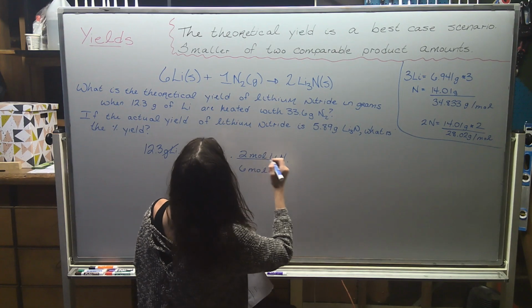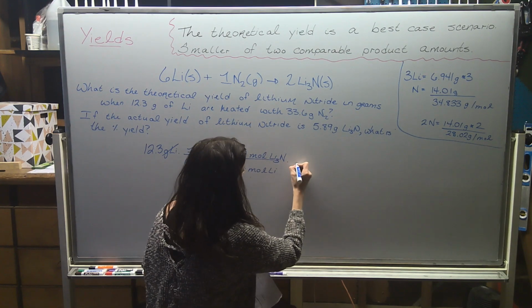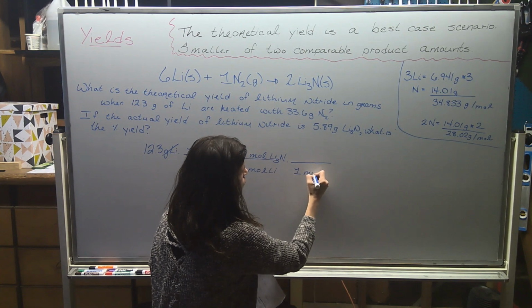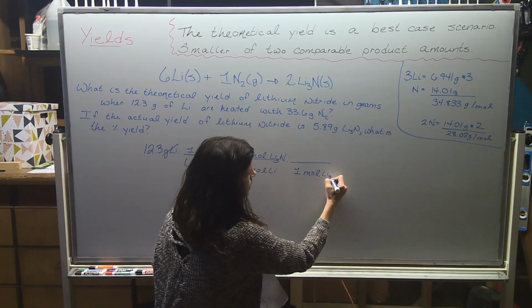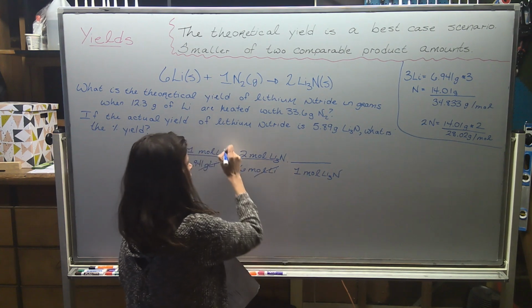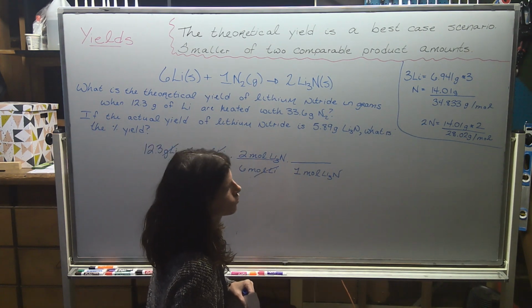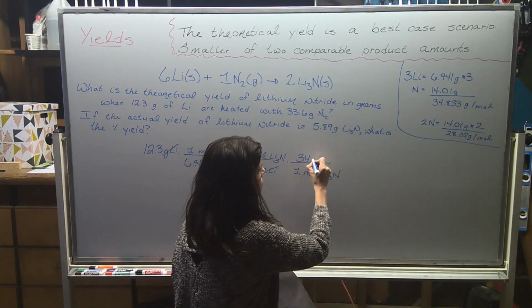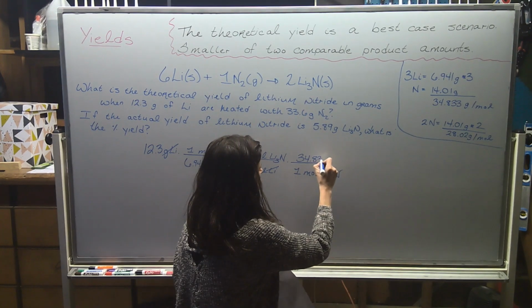And they did ask us to have our theoretical yield in grams. So I'm going to put the molar mass of lithium nitride as my last conversion factor so that my answer is in grams. So I'm going to grab that. I already calculated it. It was 34.833 grams.